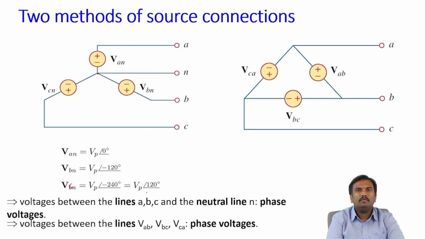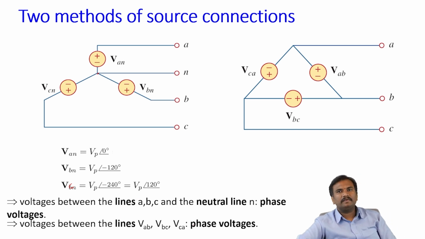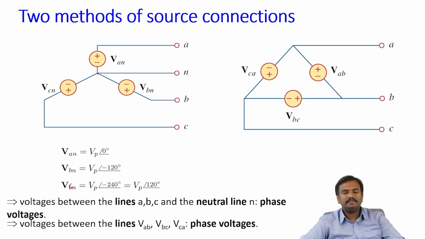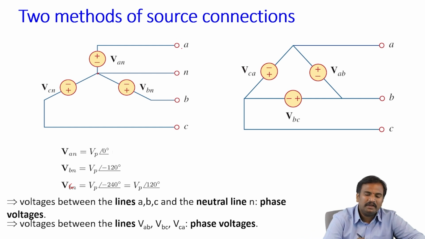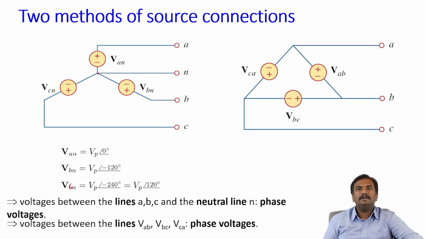Here the voltages between the lines A, B, C and the neutral line N are called phase voltages. Whatever the voltage between the line and neutral, that is between A and neutral, is called a phase voltage.